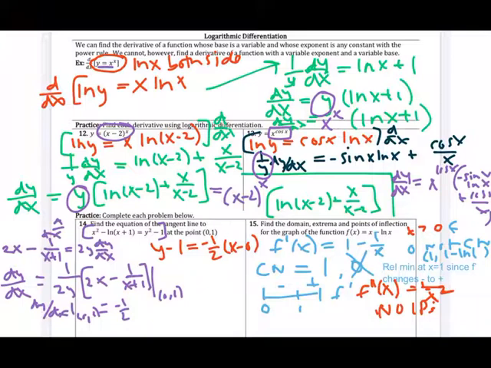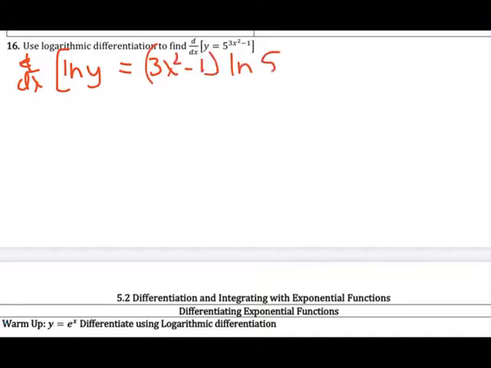All right, let's look at the very last question. Use logarithmic differentiation to find the derivative. So the very first thing I'm going to do is leave the d dx in front, and take the natural log of both sides. So the natural log of y equals 3x squared minus 1 times natural log of 5.